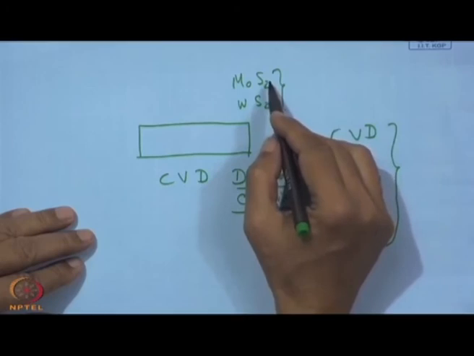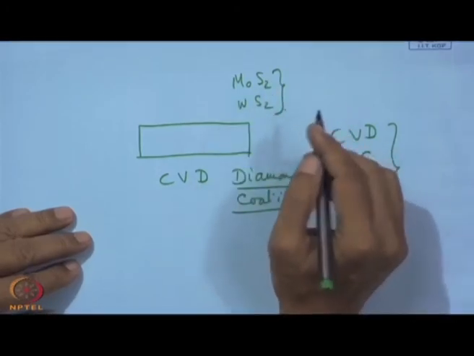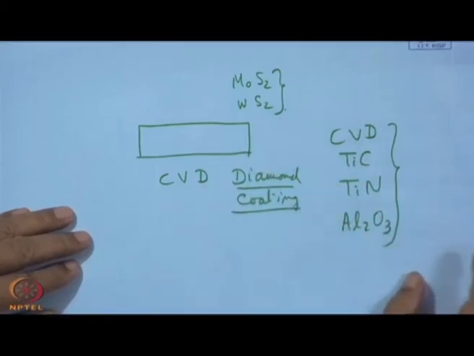So, this lubricious coating with a hard support of diamond can also be a good prospective candidate in many mechanical applications, mostly involving cutting tools.